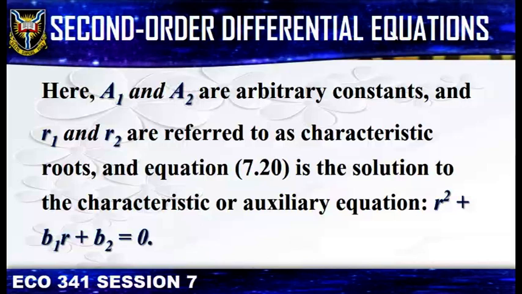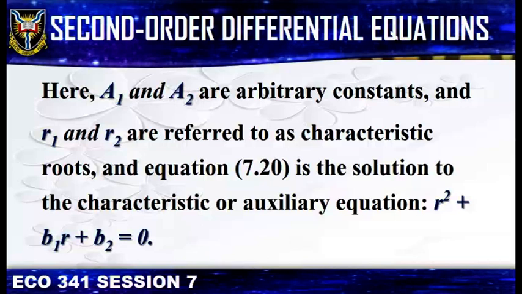Example 4. The definite solution for equation 4.0 is calculated as follows. Let's assume y function of 0 is equal to 5.5 and y prime of 0 is equal to 11. Then y prime, the function of t, is equal to a1 e raised to power t plus 4a2 e raised to power 4t, equation 7.31.